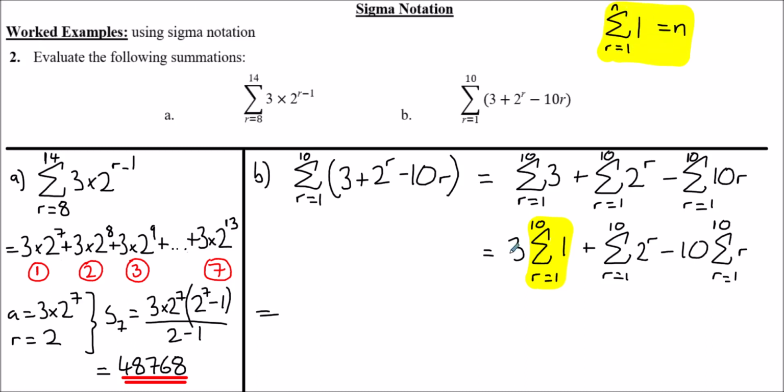So because it's 3 lots of that, it's going to be 3 times n, so it's going to be 3 times 10 for this first one. So 3 times 10. Next along, we've got 2 to the r. So again, thinking of this on its own.